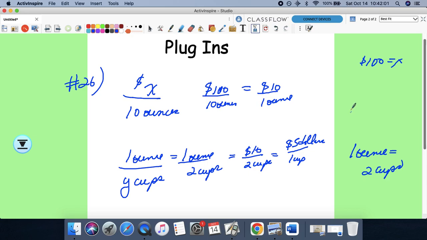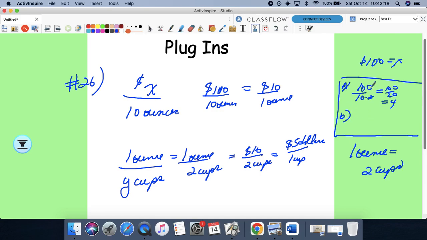If you look at letter A, we have 100 over 10 times 2, we get 20, which is 4. That's not what we want, so A's out.